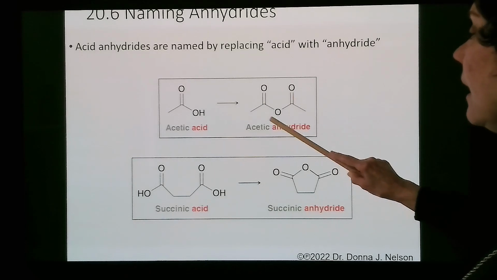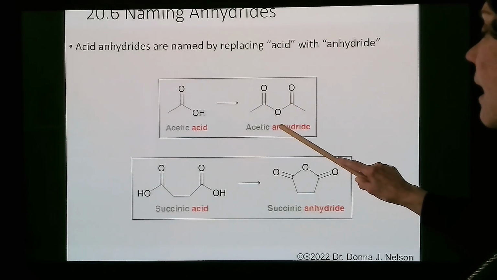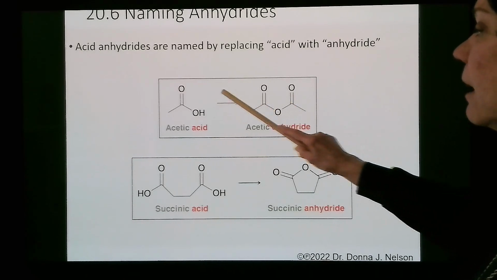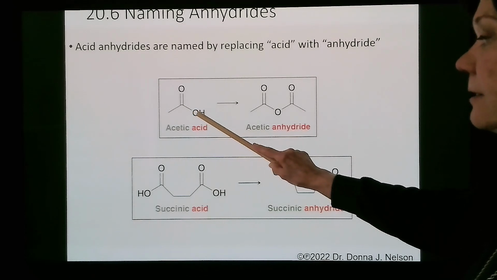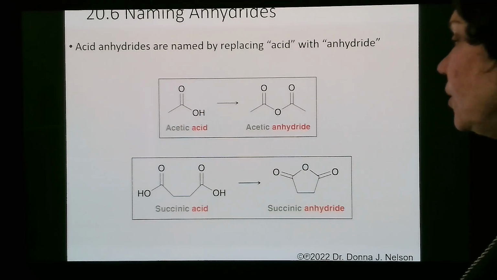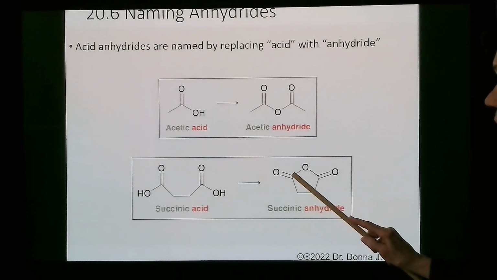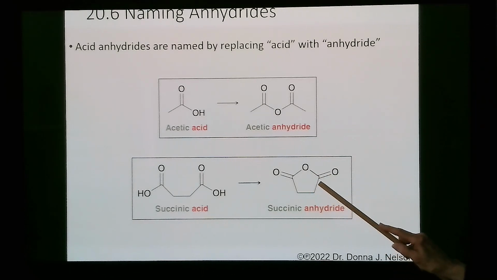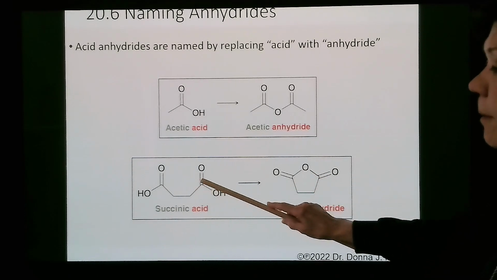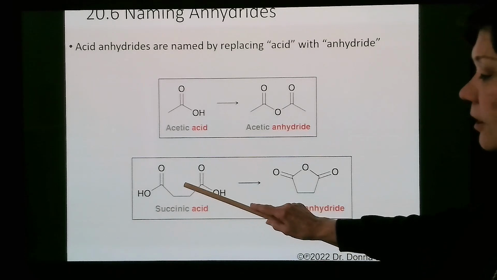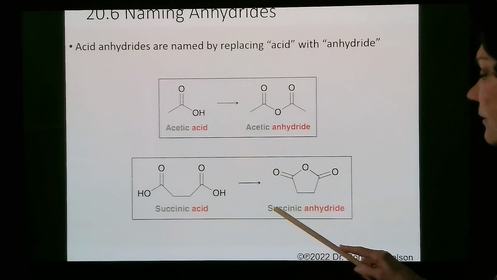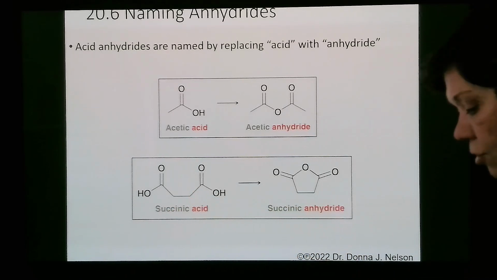So this is an anhydride that is made by combining or reacting two molecules of acetic acid. Here is an anhydride that is made by simply cyclizing succinic acid. So succinic acid goes to succinic anhydride.